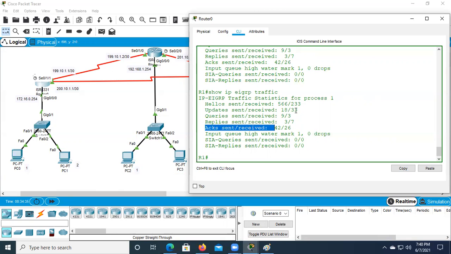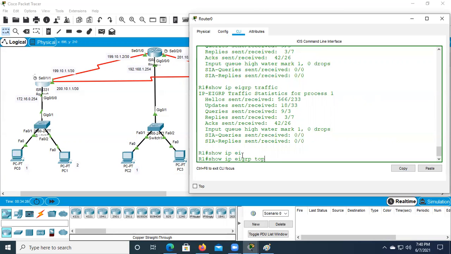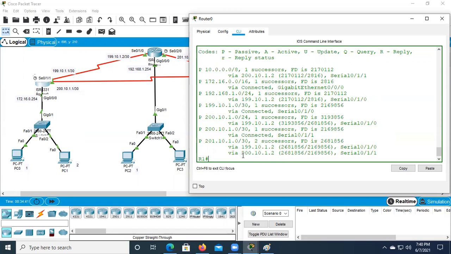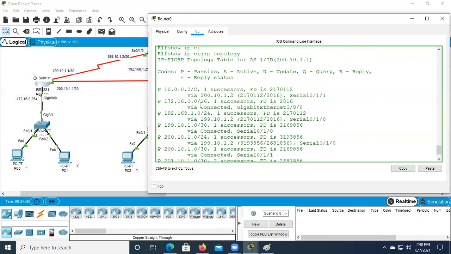If you use the command on router 1, show ip eigrp topology, and as I said, when you configure EIGRP, it is going to maintain its own topology table, with its own codes. P is passive.